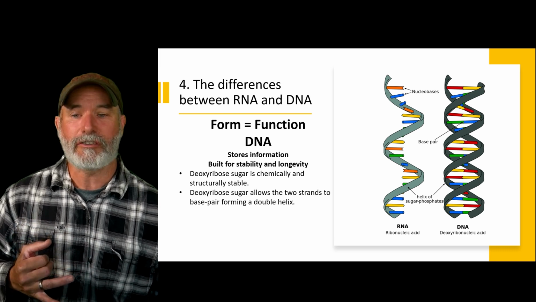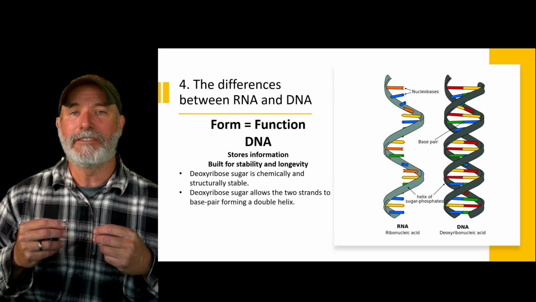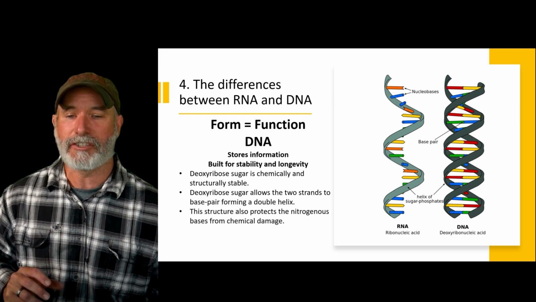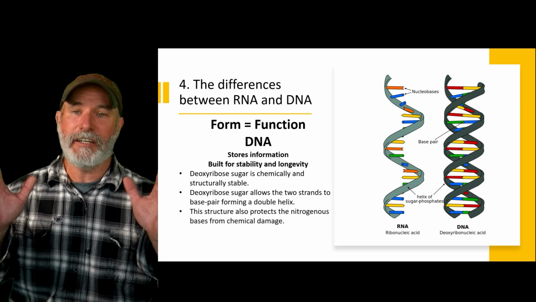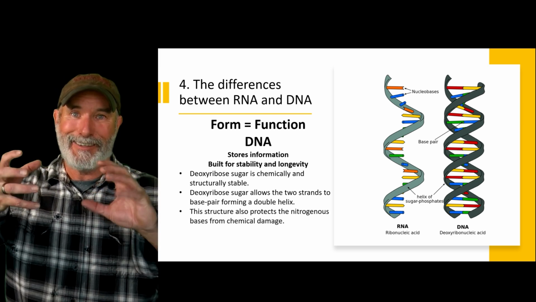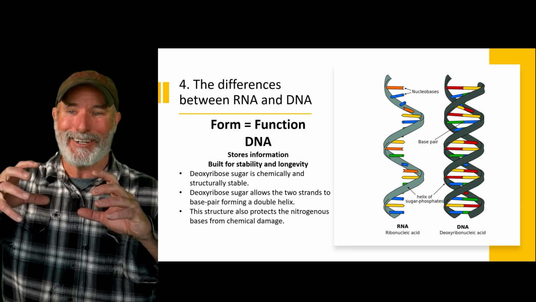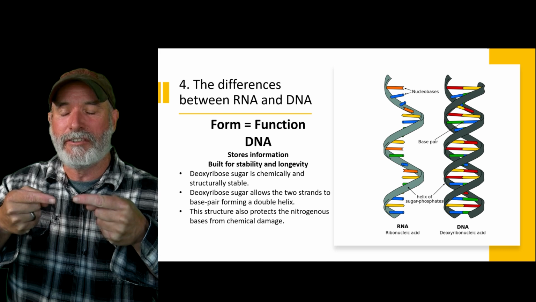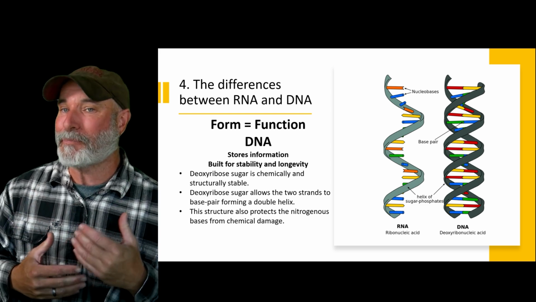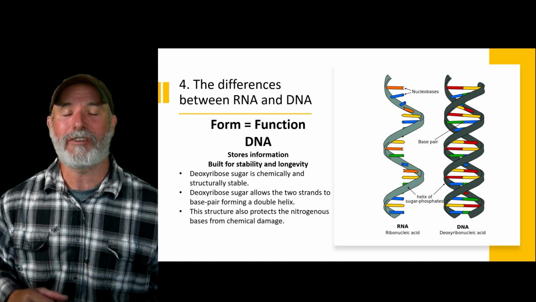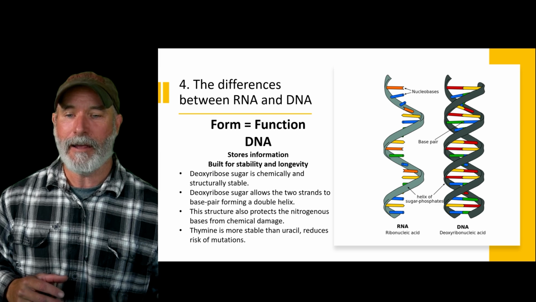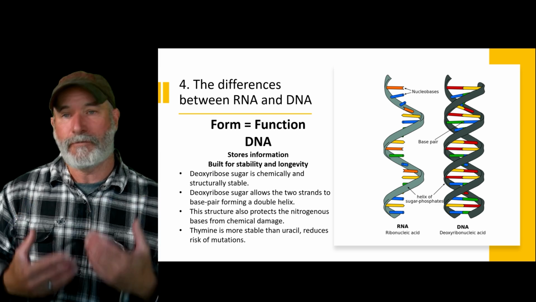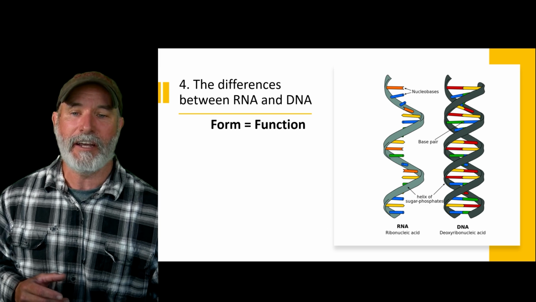It is structurally stable. It allows the two strands to twist into the double helical structure. By twisting into the double helix, those nitrogenous bases move into the interior, and they're also protected from additional structural damage. Okay, and then we use thymine. It's more stable than uracil, which further reduces the risk of mutations.